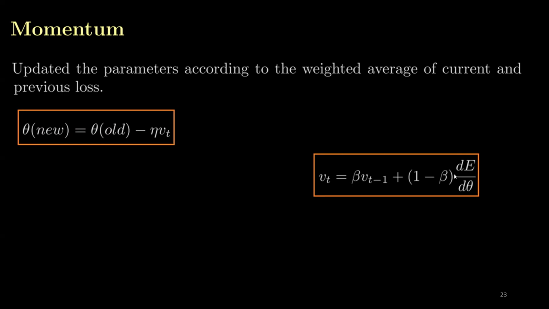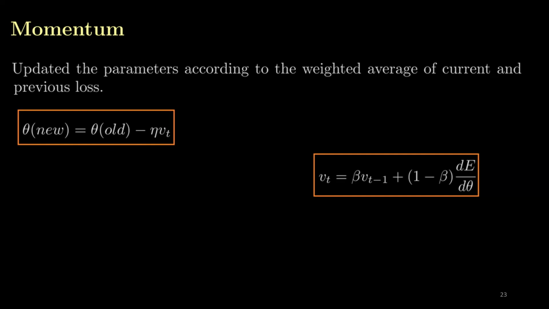Vt contains the weighted average value of the gradient and also the previous weighted average value, which is multiplied by the smoothing factor called beta. So if we use this Vt in the equation of weight and bias updation, then it is called the weight updating method using momentum. When we use momentum with stochastic gradient descent, its process becomes smoother and faster.